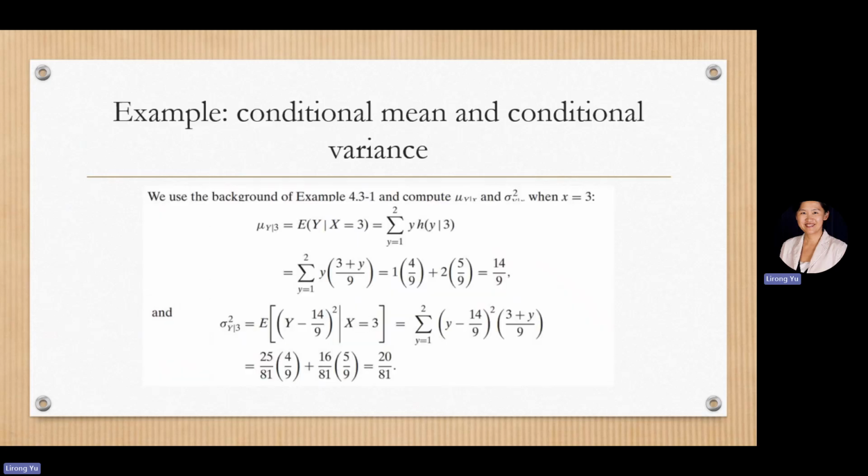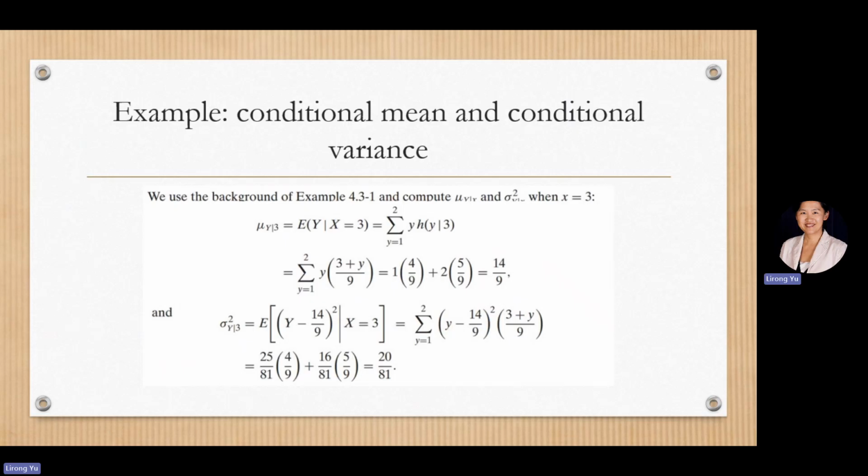Let's look at the conditional mean and conditional variance. For example, let's say conditional mu y given 3 is saying the expectation of y, supposing x equals 3. It will not be the same as the expectation of y by itself, because knowing x equals 3 will slightly adjust your expectation.